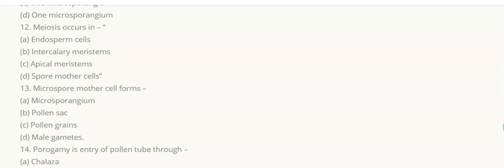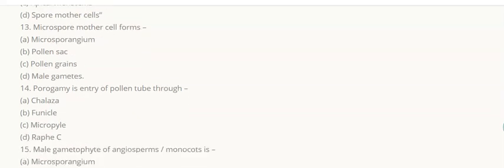So here meiosis takes place in the spore mother cell, and in this meiosis 4 haploid cells are formed. It may be microspore or megaspore, as the case may be. So the correct option would be D, spore mother cell. Question number 13.